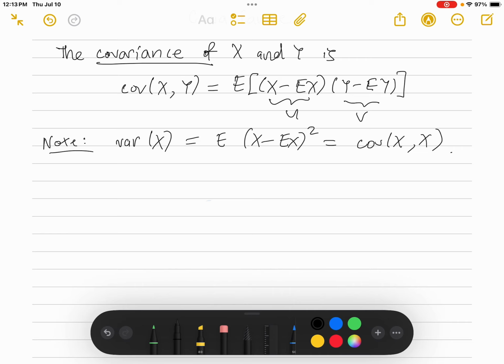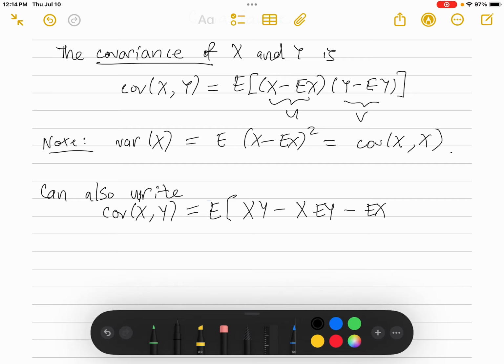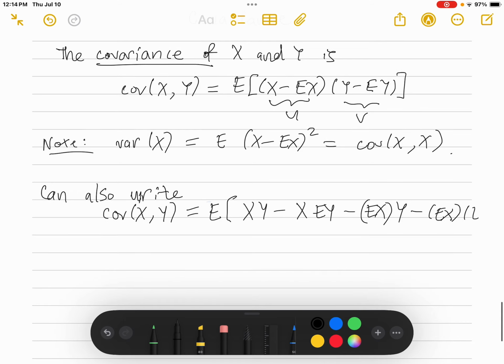And just like for the variance, we can rewrite the covariance of x and y just by distributing. So the covariance of x and y is the expectation of xy minus x times the expectation of y minus the expectation of x times y minus the expectation of x times the expectation of y.